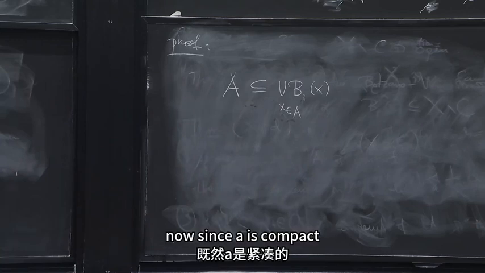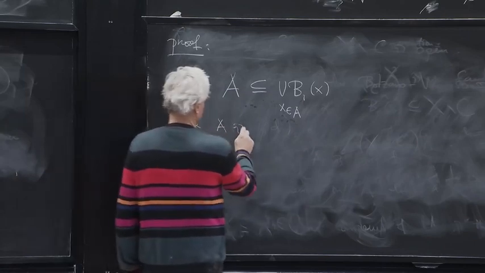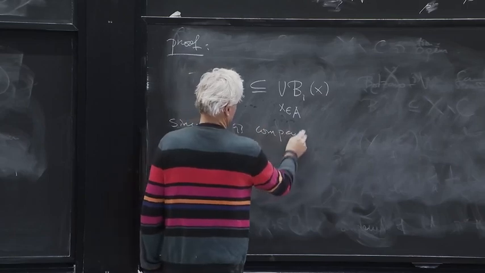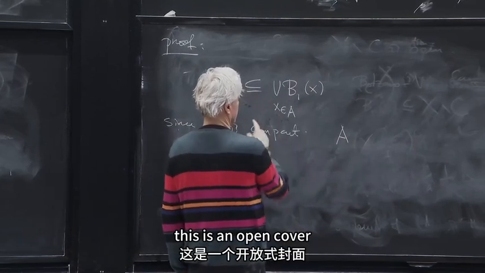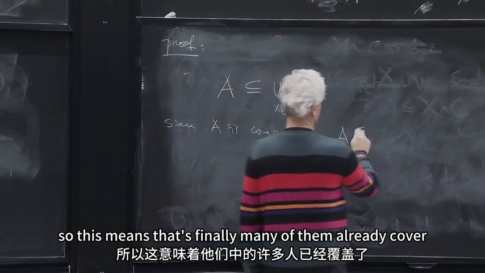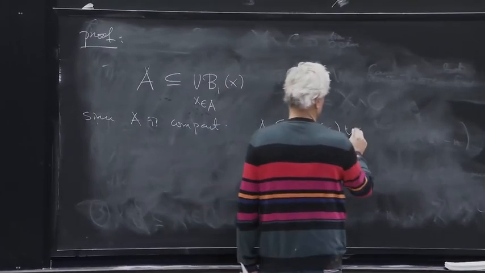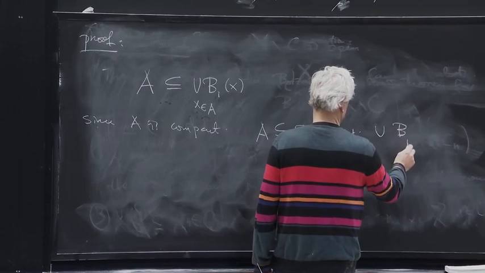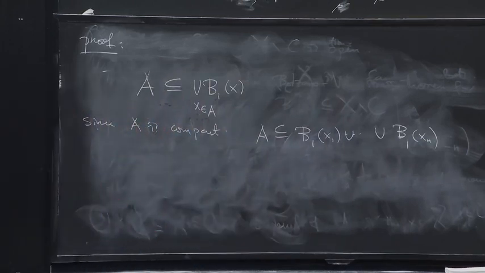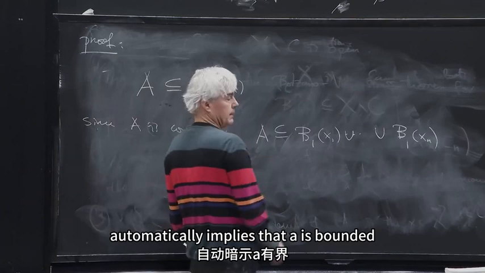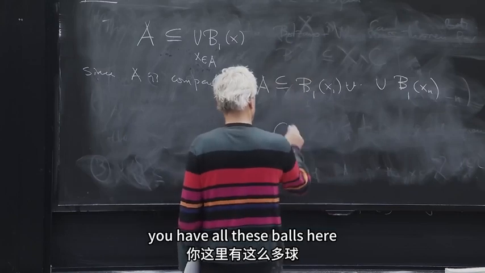Now, since A is compact, and this is an open cover, this means that finitely many of them already cover A. But now I claim that this automatically implies that A is bounded.